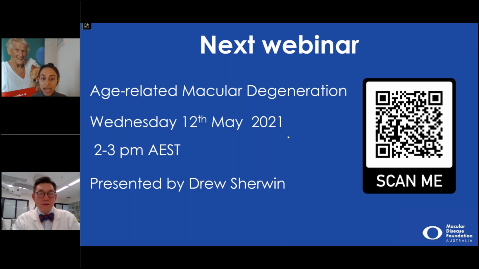Yeah. Next question. So you talked about quite a few different types of clinical trials that are occurring or may occur in the future. How can we be involved in those clinical trials? I think the first thing to do is to contact your eye care professional, optometrist, your ophthalmologist.